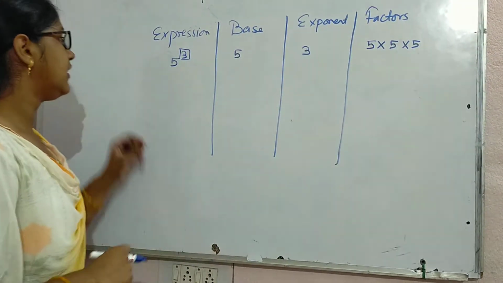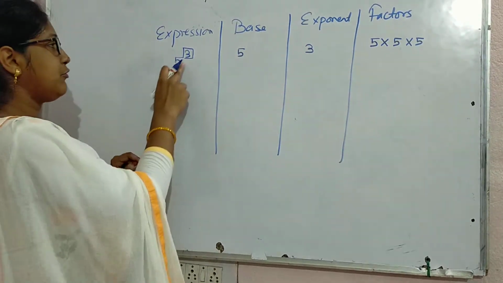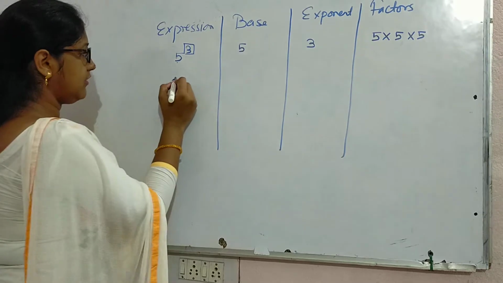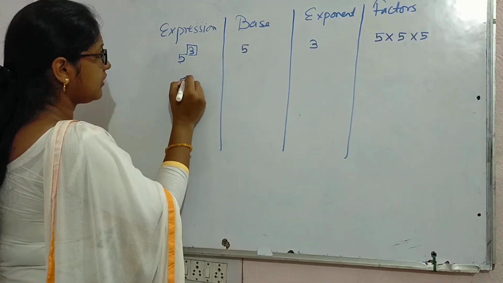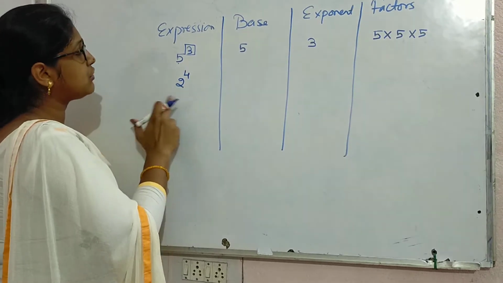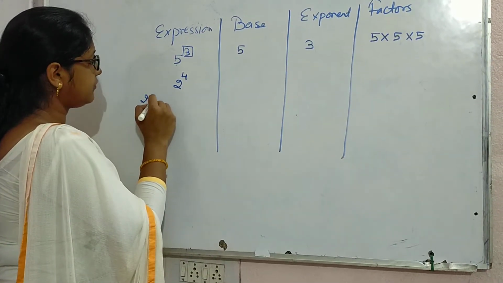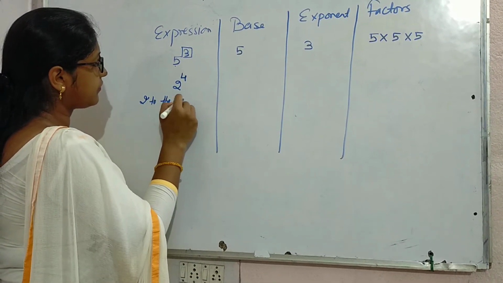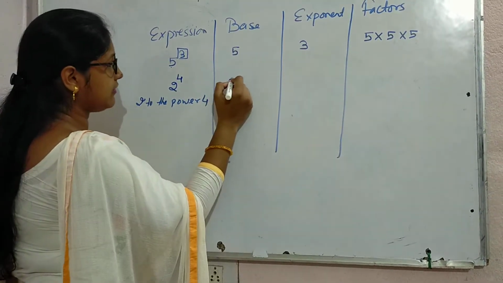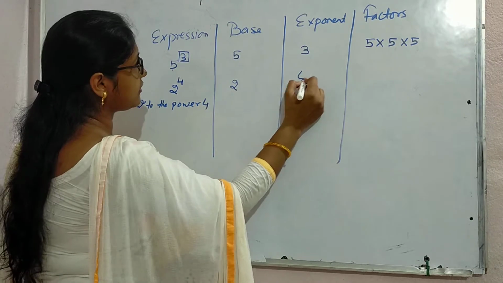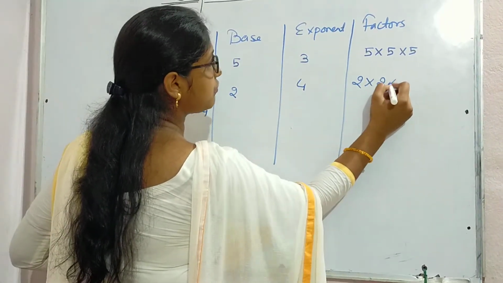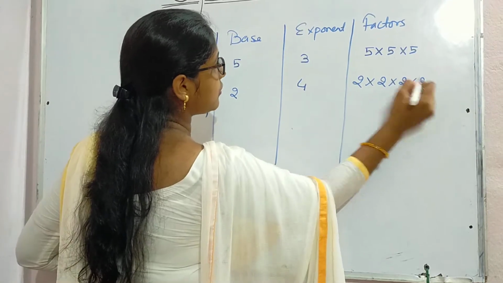And here we read 5 to the power 3 as 5 to the power 3. Suppose we write 2 power 4, so we can read it 2 to the power 4. And here base is 2, exponent is 4, and factor is 2 into 2 into 2 into 2.